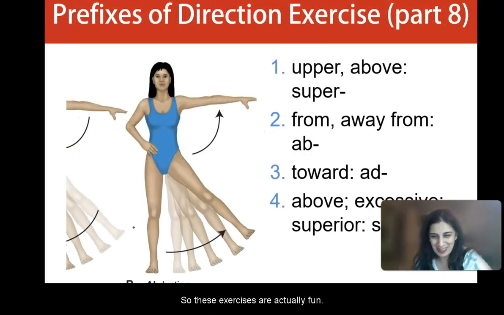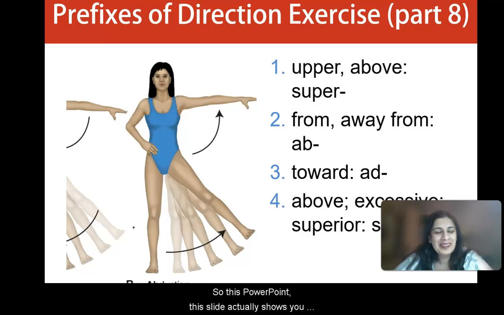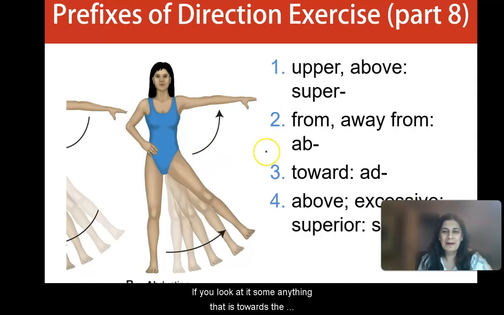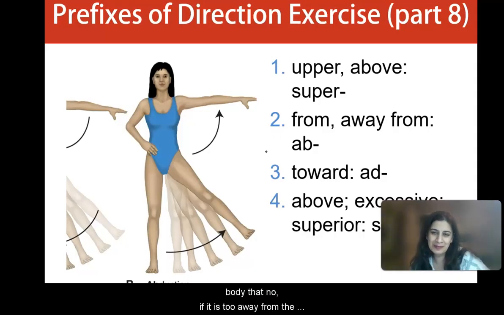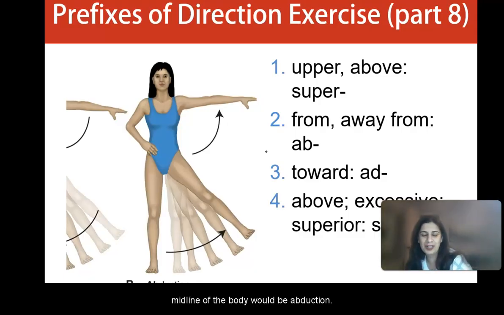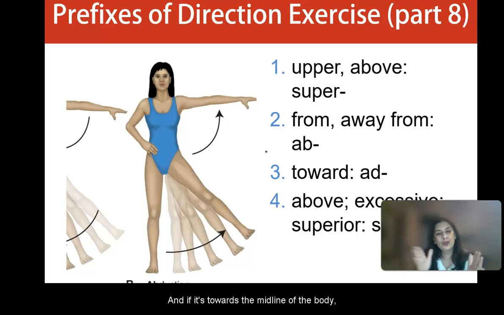So these exercises are actually fun. This PowerPoint slide actually shows you the direction and position of some of the things. I wanted to explain it to you a little bit in detail. If you look at it, anything that is away from the midline of the body would be abduction, and if it's towards the midline of the body, that would be adduction.